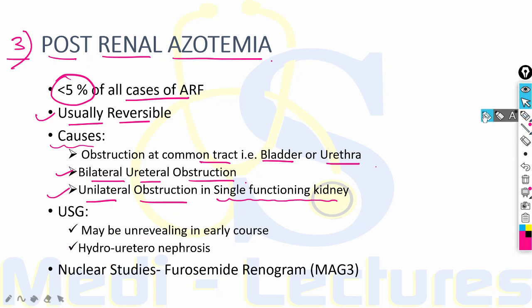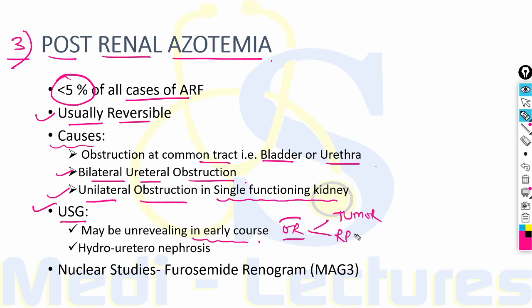The USG, ultrasonography, may be unrevealing in the early course or due to inability of the ureter to dilate, which can be due to either tumors or retroperitoneal fibrosis.